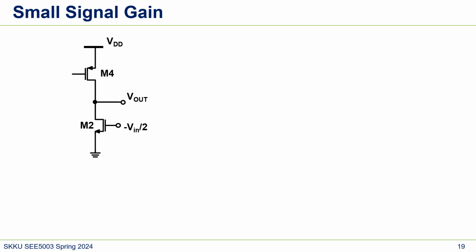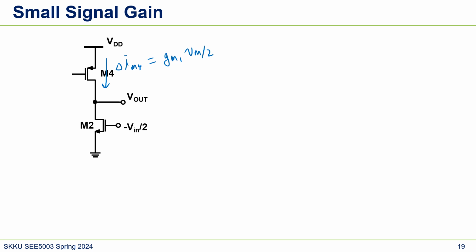We haven't discussed this part yet. Now let's think about the other half, from here to the output. So in the previous slide we got a delta I here, right? Delta IM4 was GM1 Vin over 2, right? We also want to check the current difference from here.